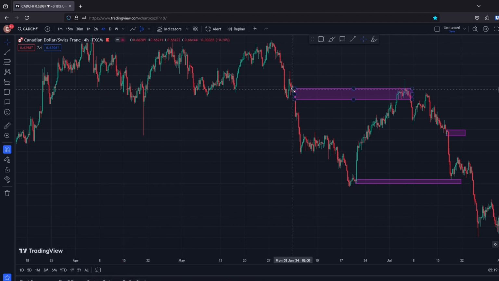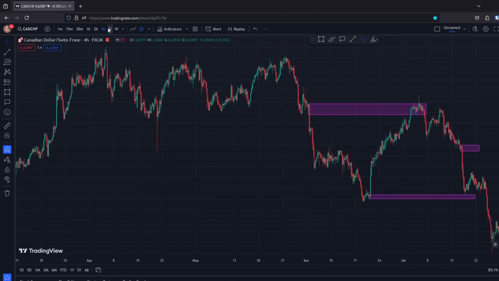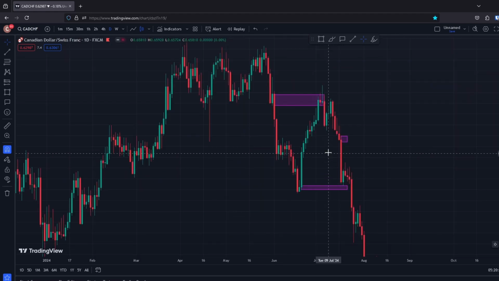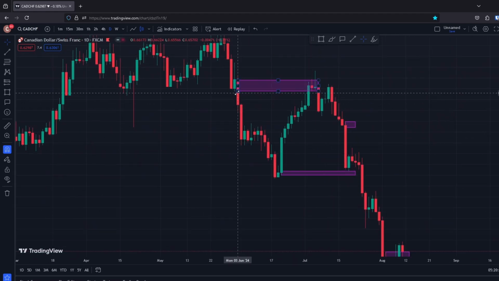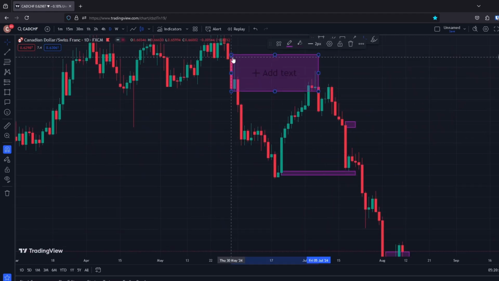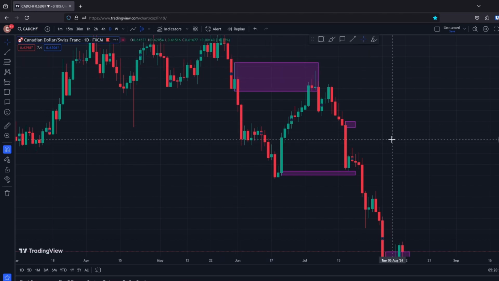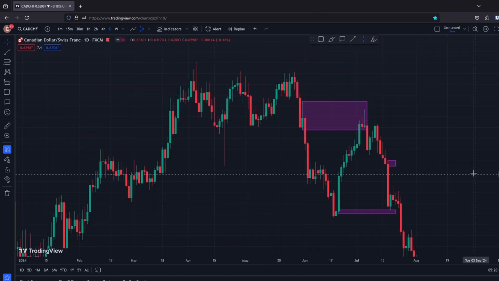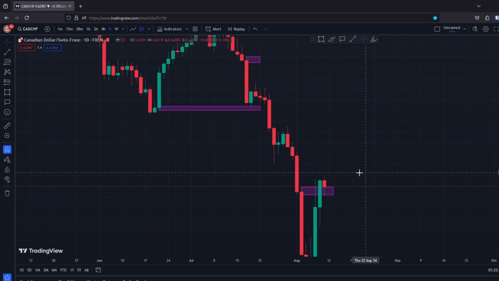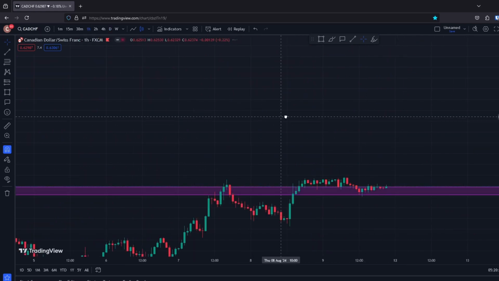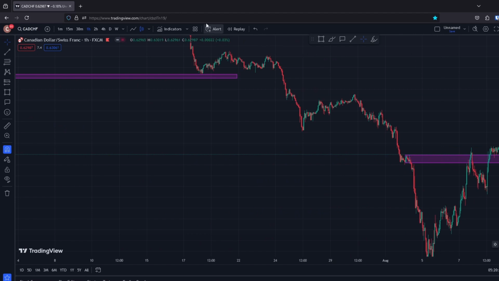Like I said, the time for it to come back up is much longer than the time for it to go down. And this could even be a daily one. Yep, like I said, this is daily right here, a daily order block. And if you just go through price action, you'll see what I'm saying playing out over and over again.